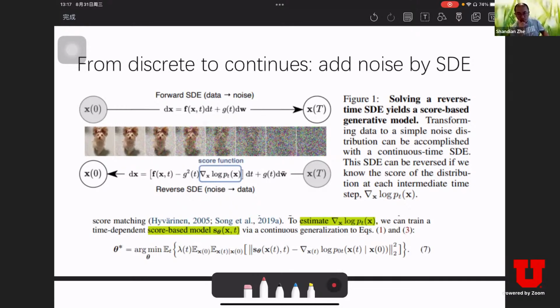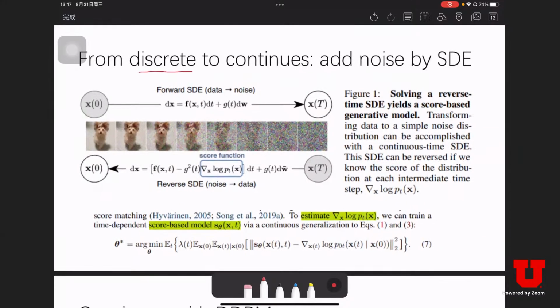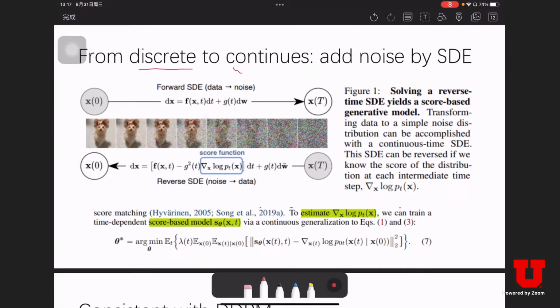So actually, the adding noise and the denoising steps are all discretized. Do we have another more convenient, more general framework to disturb the data into noise? How about using a continuous case to add in the noise?